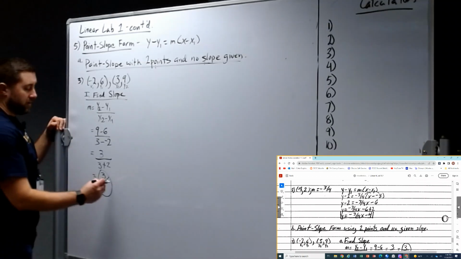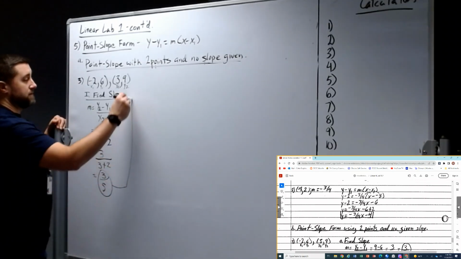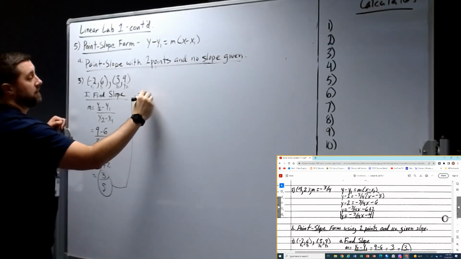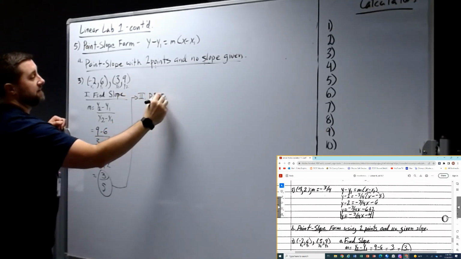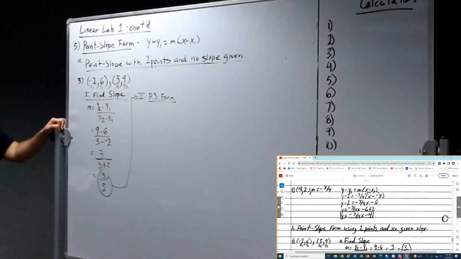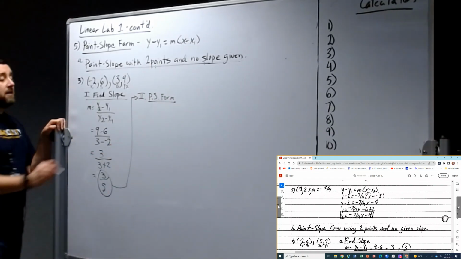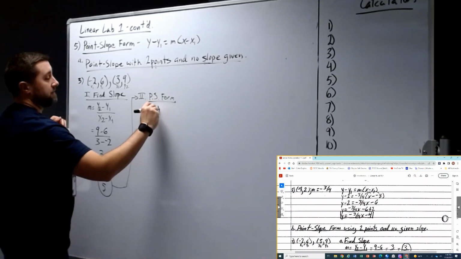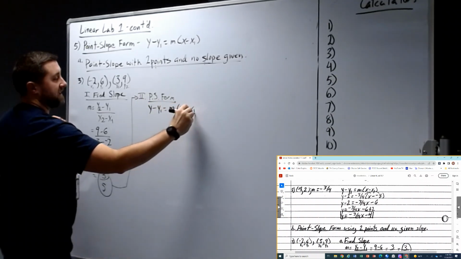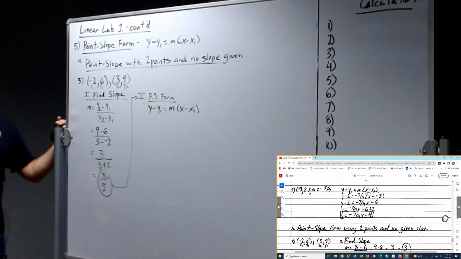Now, the slope is used for part 2, which is where you bring in point slope form. Okay? So now, write that down. y minus y1 equals m times x minus x1. Okay?